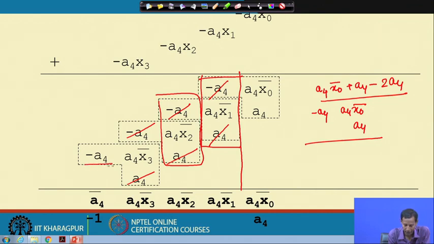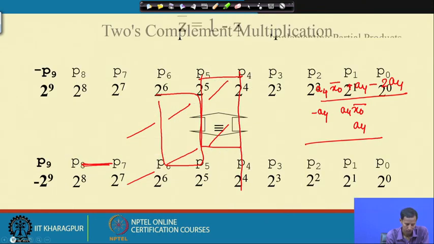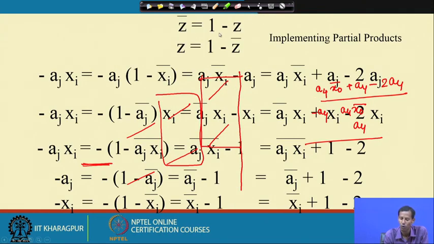And for this, minus A4. Minus A4 can be written as A4 bar minus 1, because of that particular equation, z bar equals 1 minus z, or z equals 1 minus z bar.